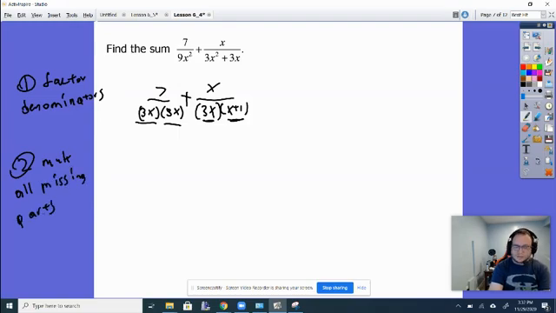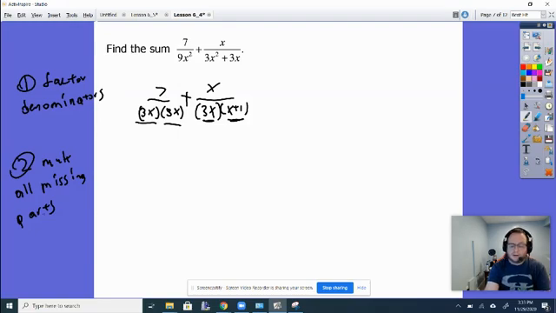And this is the hardest step, to be honest, because it's the step that freaks people out. All we're doing here is multiplying by 1. We're multiplying by very specific ones, but we're multiplying by 1. So what I want to figure out is on each part, what am I missing? And we're going to multiply by that.